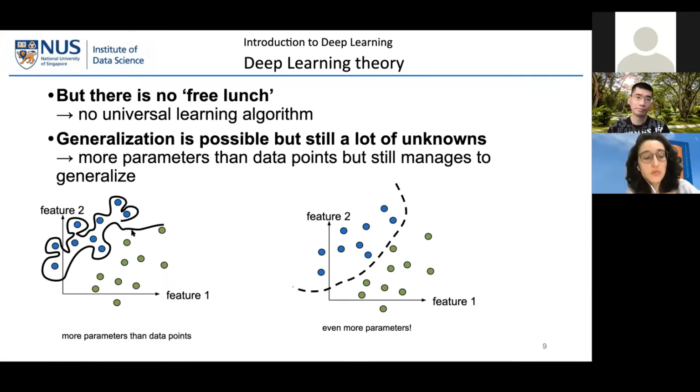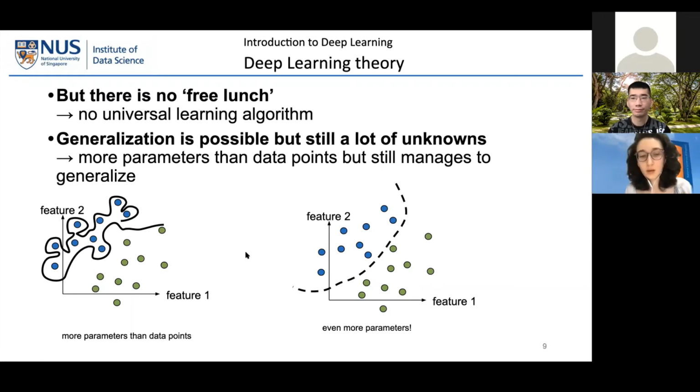Then you may expect a very, very tricky decision boundary like this that actually overfits, right? Because it almost tries to draw a circle around every data point. Because you have so many parameters, you can really modify the decision boundary in order to encompass all the data points.